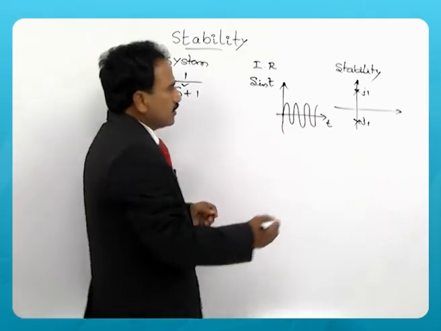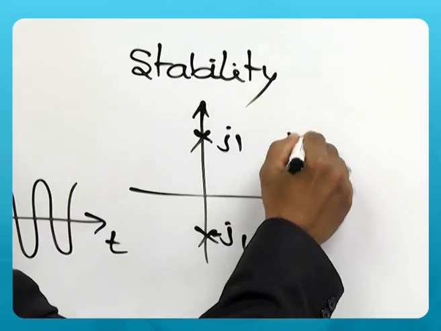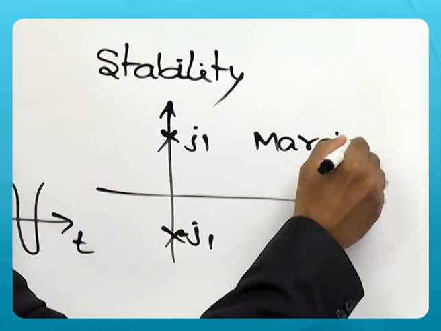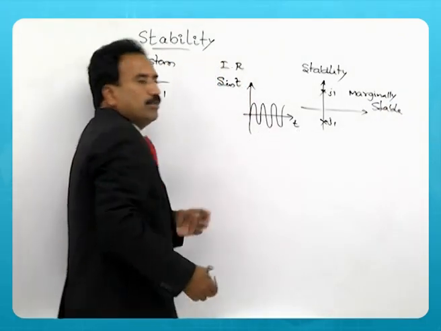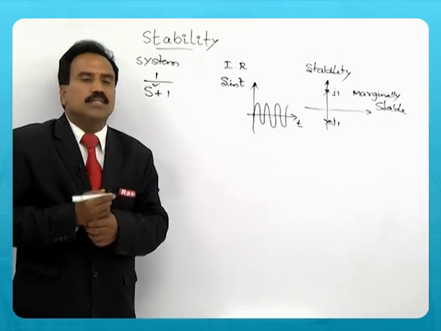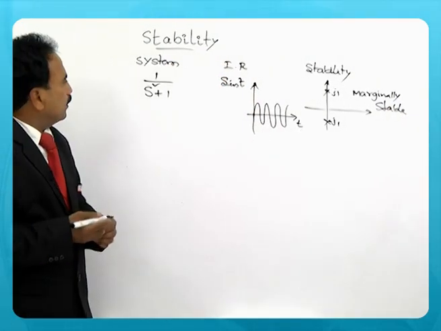Sustained oscillations mean we say that it is marginally stable. That means beyond this, the system goes to the instability region.